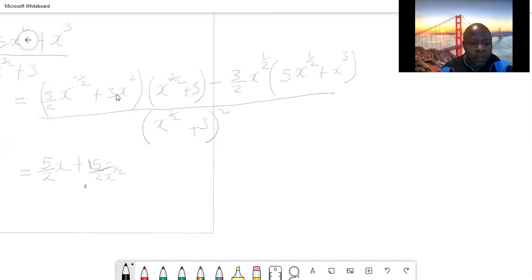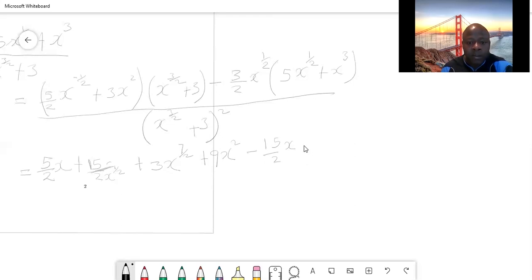So we come to this, and we get 3x raised to 7 over 2. And then this one is just 9x raised to 2. So let's come to this now. You have 15 over 2x, and it's a minus.